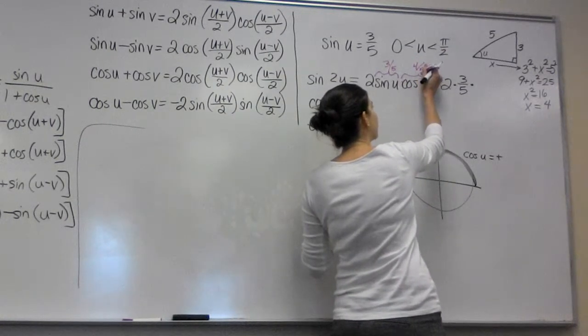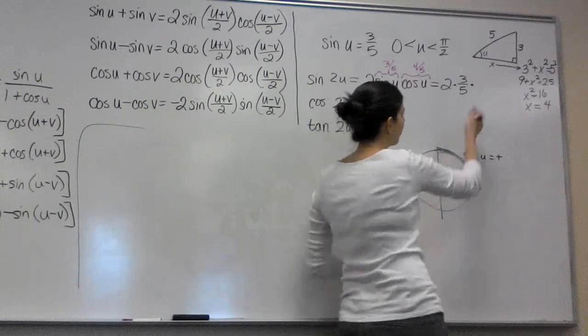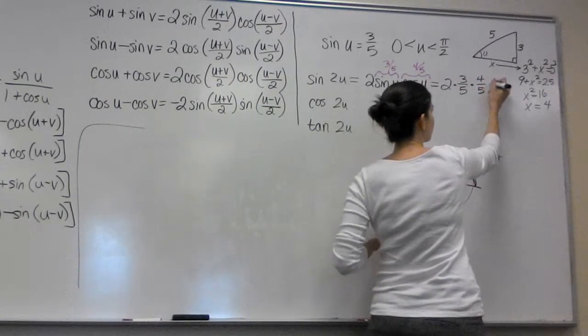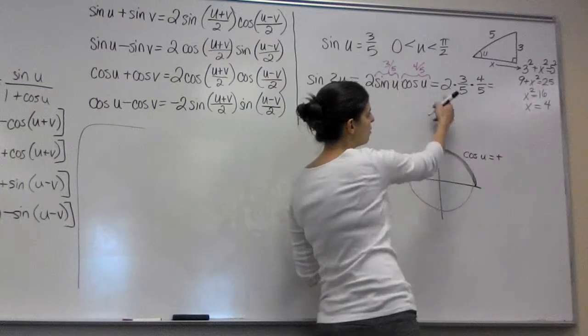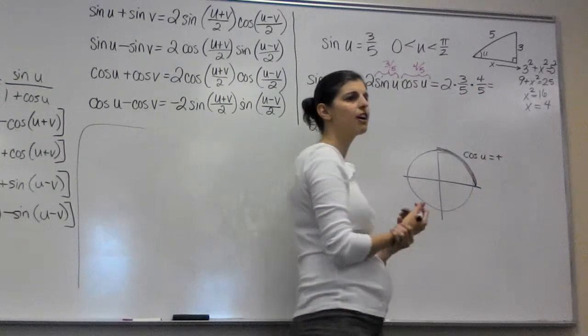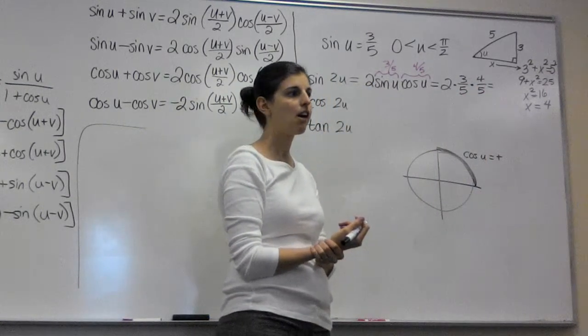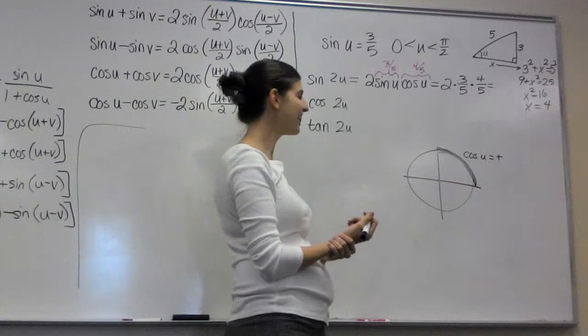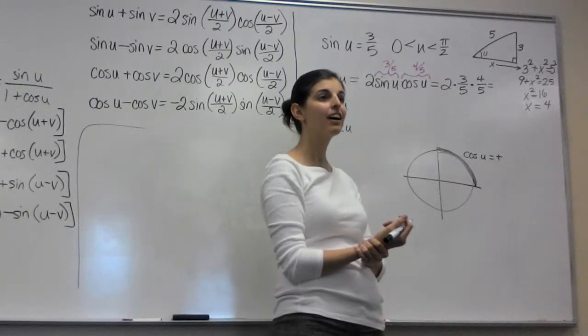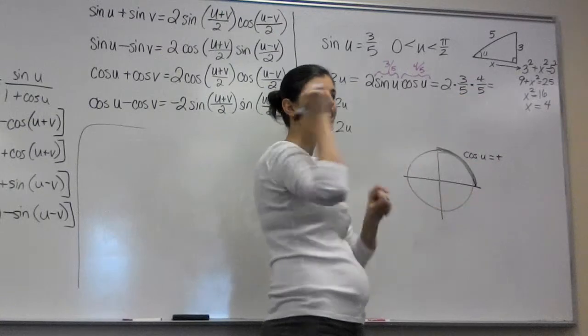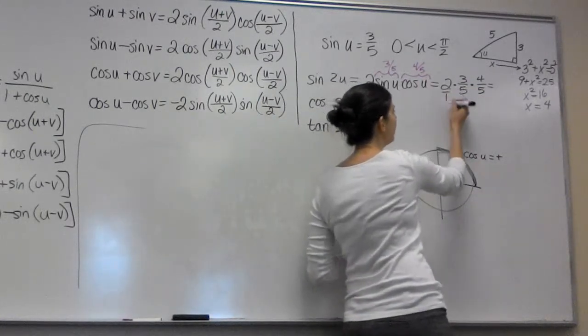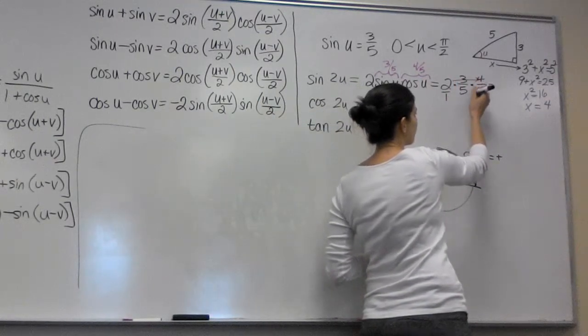4/5. Very good. Okay, so I need to take that and multiply by 4/5. I get 2 times 3/5 times 4/5. How do you multiply those? Without a calculator, how do you multiply them? Straight across. So put 2 over 1 is fine. Multiply straight across.